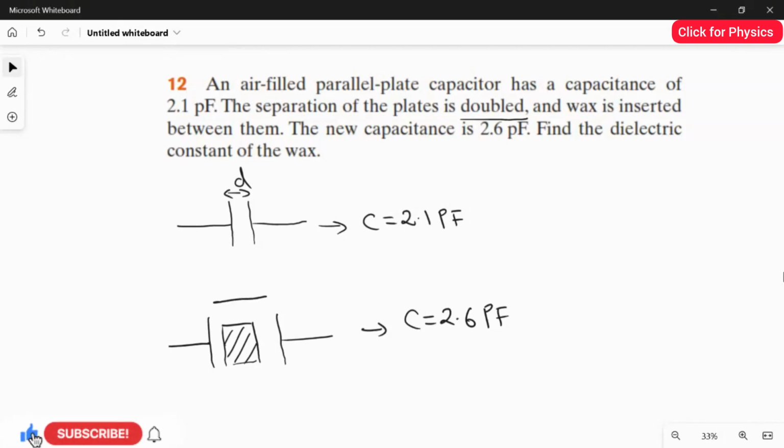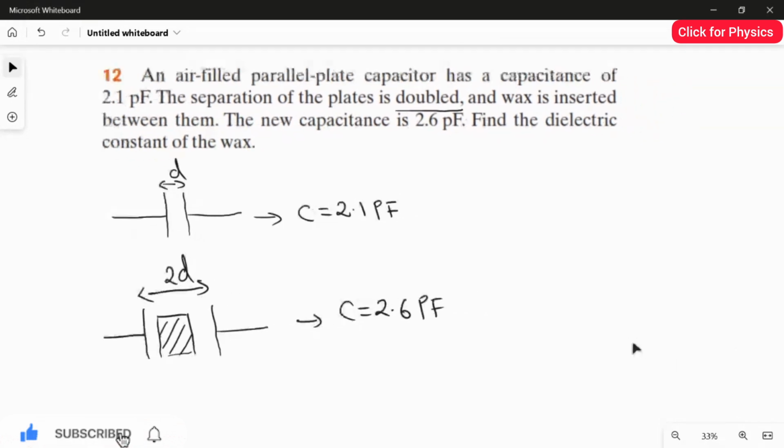So now, what is the distance here? The distance here is 2d because we doubled the distance. Now I am going to apply the rule. As we already know, the formula for the parallel plate capacitor is epsilon naught A over d. I'm going to use that formula for both the first part and the second part.